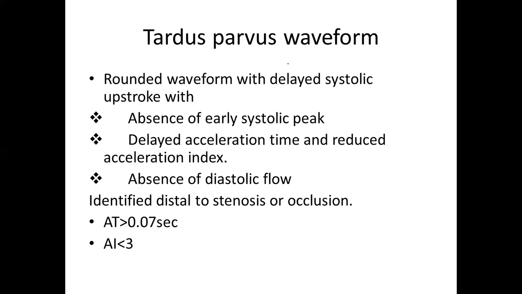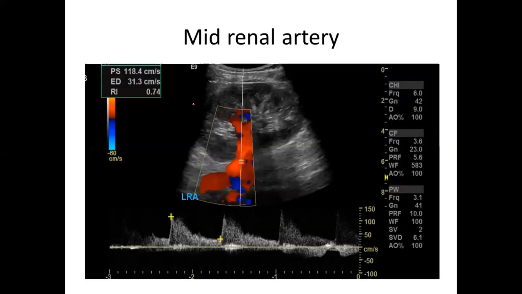Now, the abnormal waveform of the renal arteries will have a rounded waveform with a delayed systolic upstroke. So instead of having this sharp appearance here, our waveform will be a bit rounded, and our slope here will be a bit slanted.